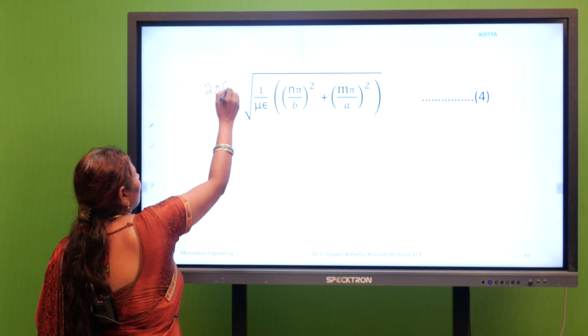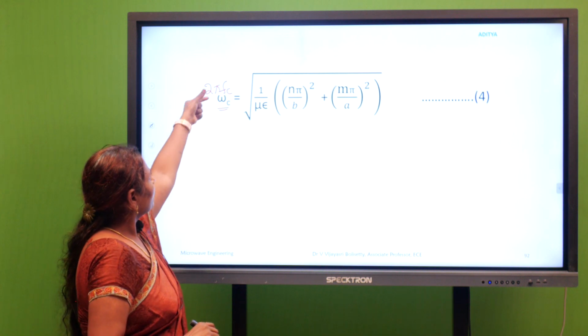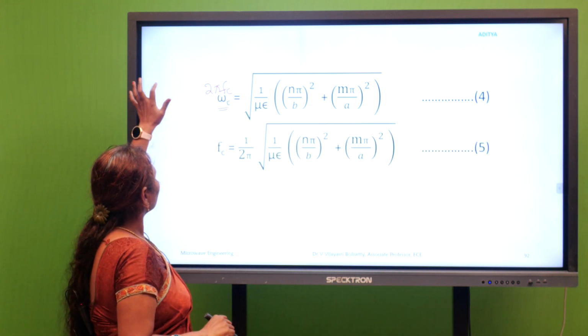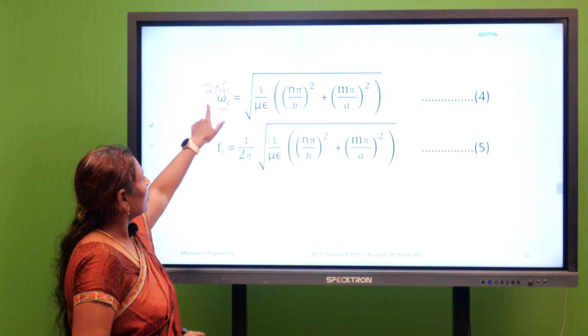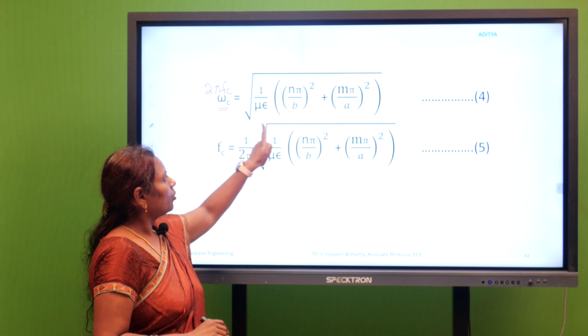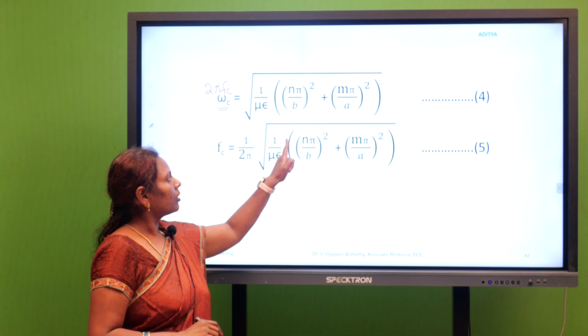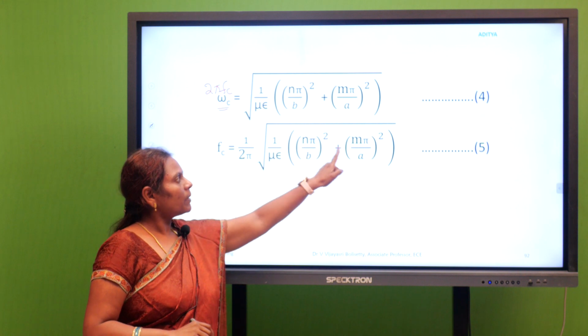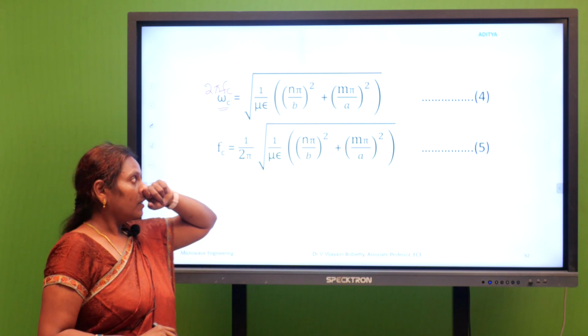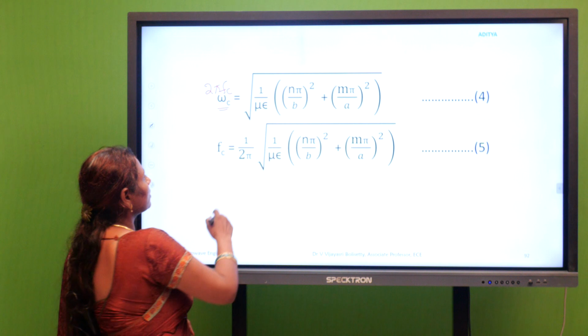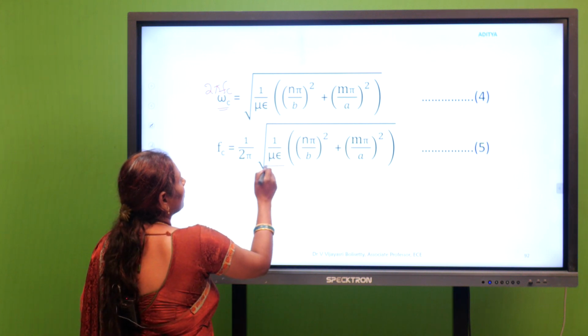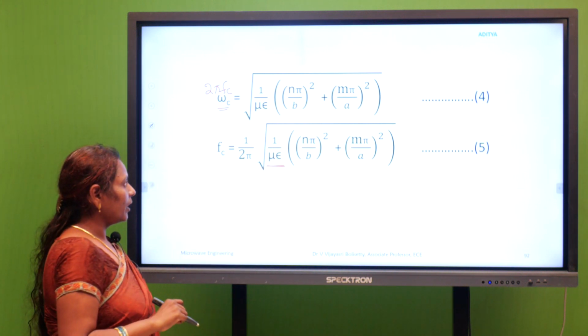Omega c is equal to 2 pi fc. So bringing this 2 pi to this side, we get fc equal to 1 by 2 pi times the root of 1 by mu epsilon times (n pi by b) whole square plus (m pi by a) whole square. So now, what is this, 1 by mu epsilon under square root?